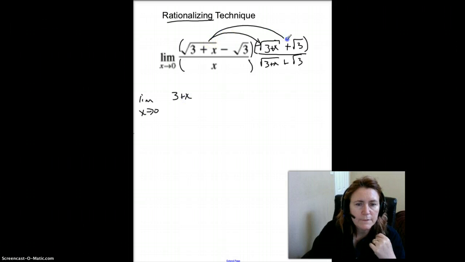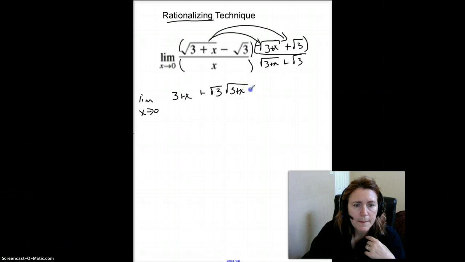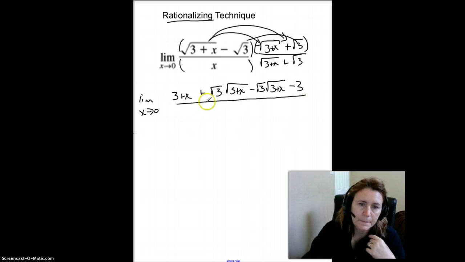All right, FOIL, okay, plus the square root of 3 times the square root of 3 plus x minus the square root of 3 times the square root of 3 plus x minus 3, divided by, this is x times the square root of 3 plus x plus the square root of 3.